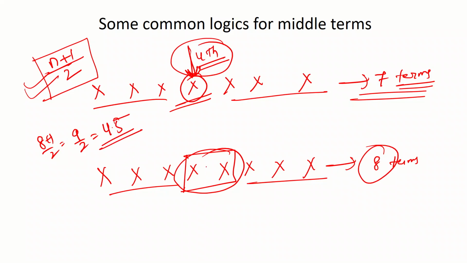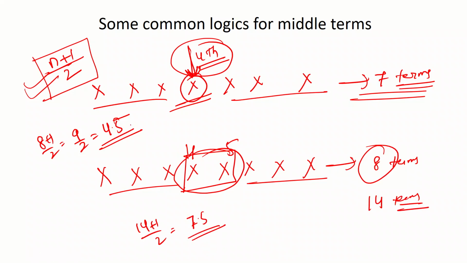If you are getting 4.5, that means the 4th term and the 5th term are your middle terms. Suppose that I give you in all 14 terms, then 14 plus 1 by 2 gives you what? 15 by 2, which is 7.5. This 7.5 means the 7th term and the 8th term are the middle terms.